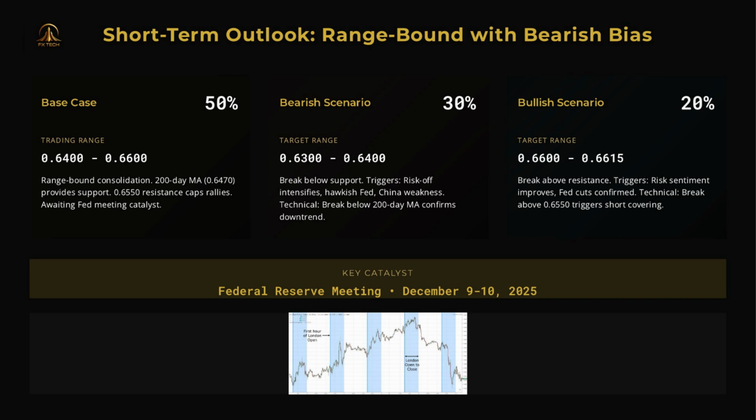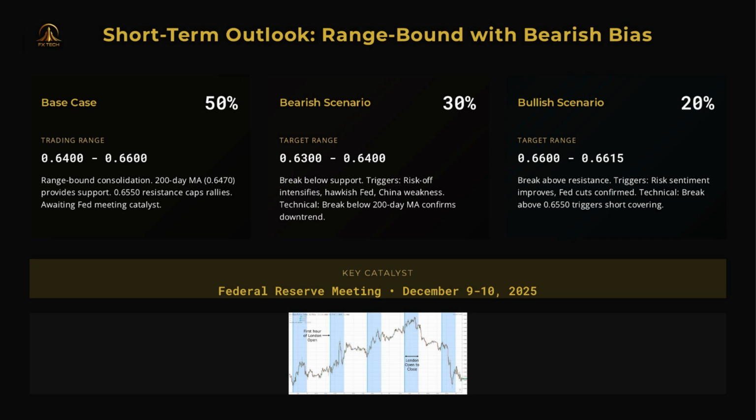The bullish scenario, 20% probability, targets 0.6600 to 0.6615 on a break above resistance. This requires improving risk sentiment or confirmed Fed cuts. Technically, a break above 0.6550 would trigger short covering.